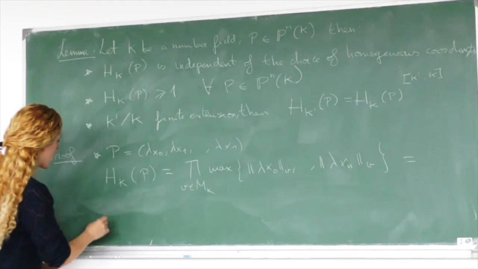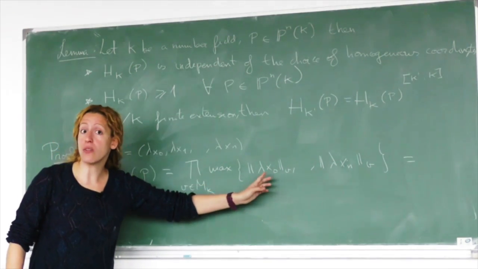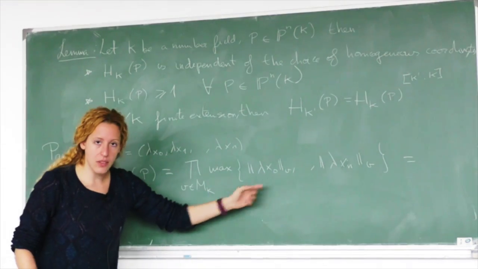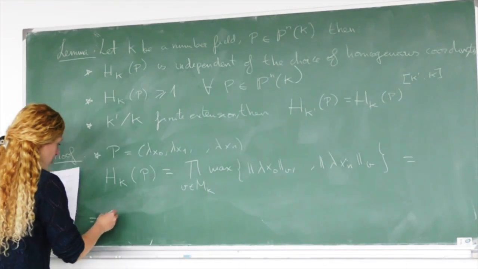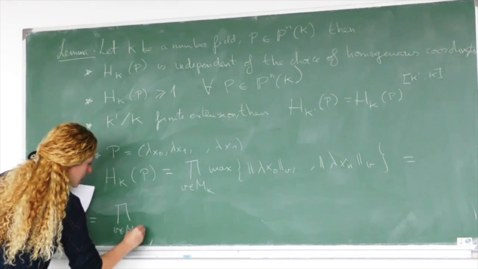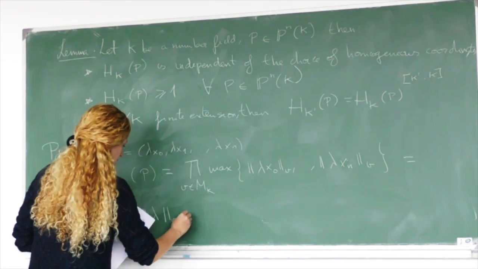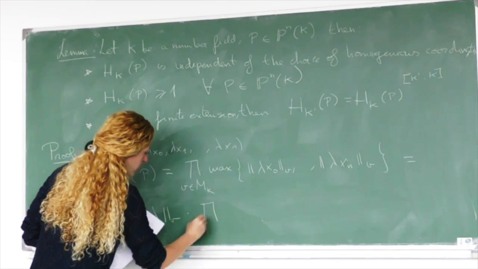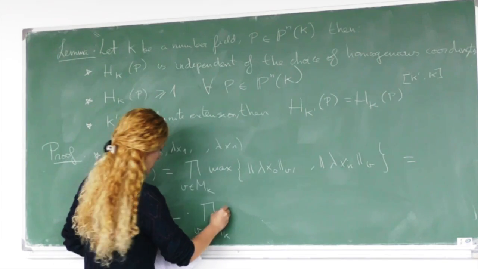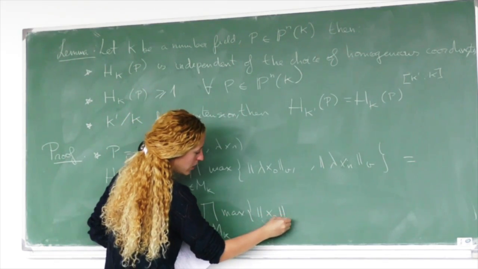Right, but now I can use that the absolute values are multiplicative. So I can take out the lambdas that I have here. I can write this as the product over v of the norm of lambda, times the product over v of the maximum of the norms of the x.